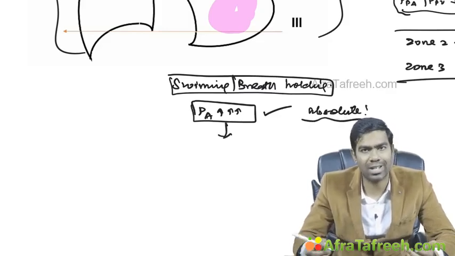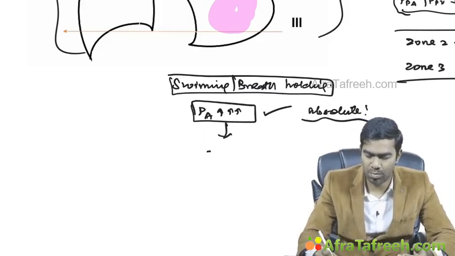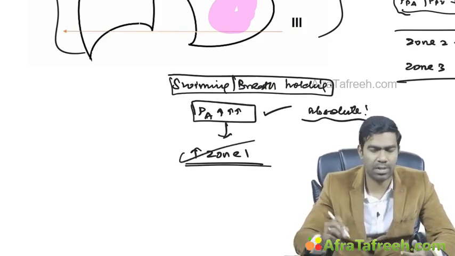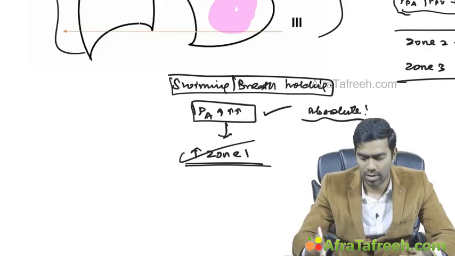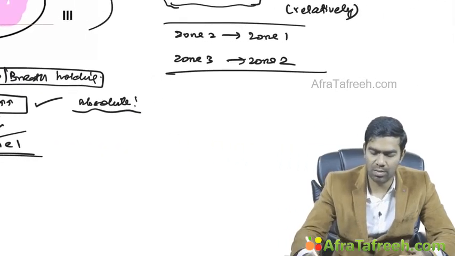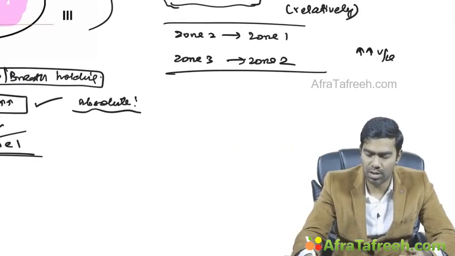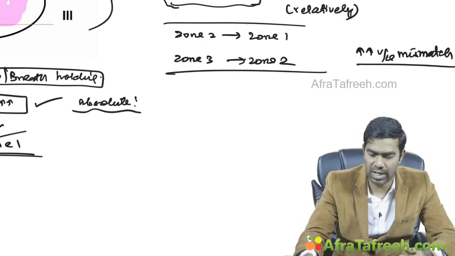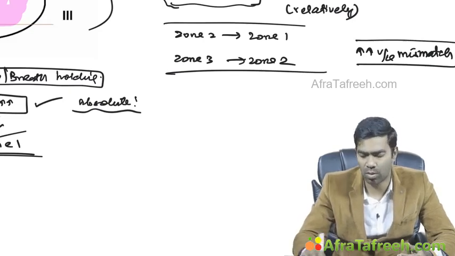If I'm absolutely increasing the alveolar pressures, I'm going to produce more of zone 1 again. The same effect will happen. I'll be converting zone 3 to zone 2 and zone 2 to zone 1, which means I'm increasing the zone 1 areas, so my VQ mismatching will increase. That's why many people get extremely breathless when they swim or breath hold.